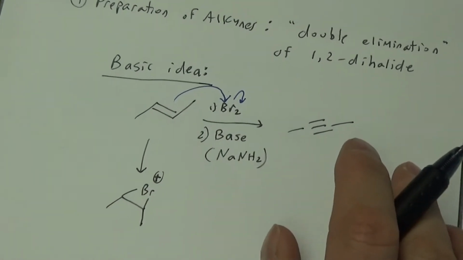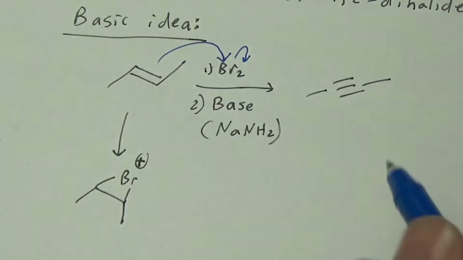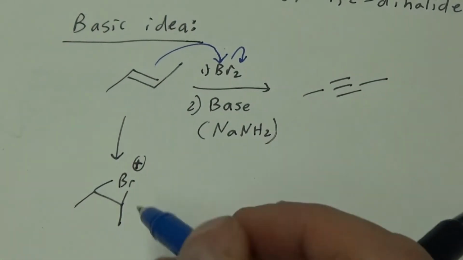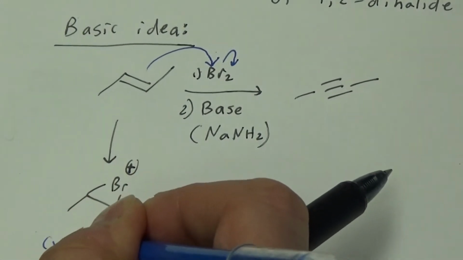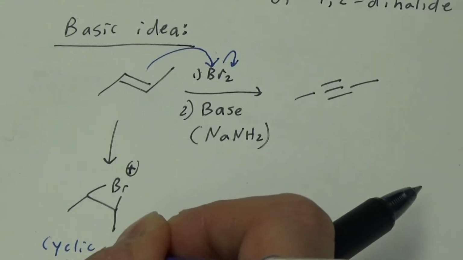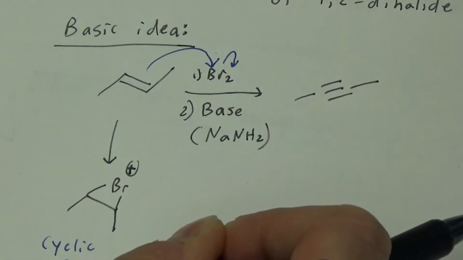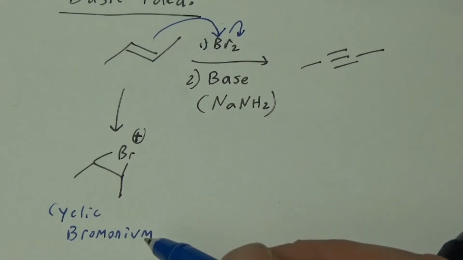It's a weird cyclic bromine type thing. It looks like an epoxide almost with the oxygen, but it's a bromine. It's called a cyclic bromonium. It's got the same kind of character as an epoxide in a lot of ways.